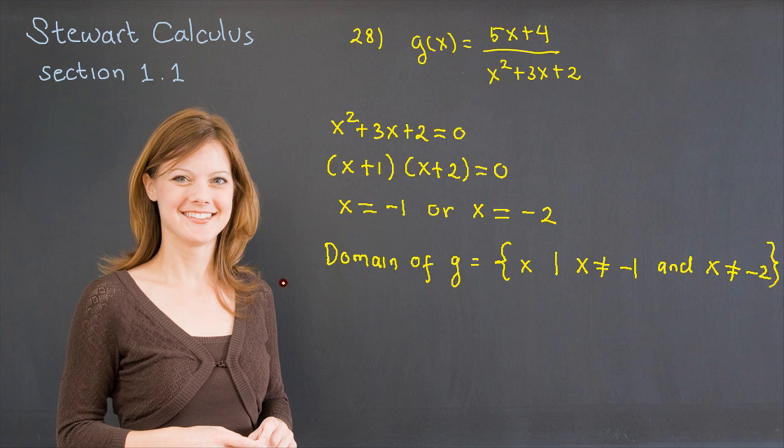Okay, and in the interval notation, we exclude -1 and -2, so -2 first and then -1, so we exclude those two points. So this domain can be written as from -infinity to -2 union from -2 to -1 and then union from -1 to infinity.